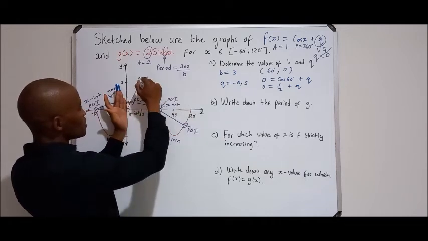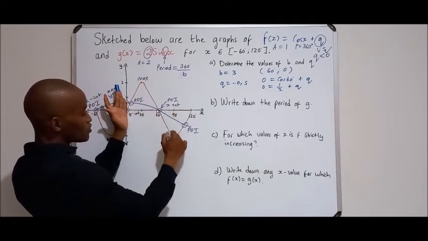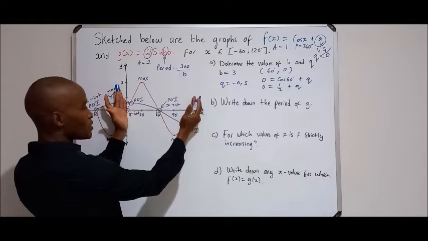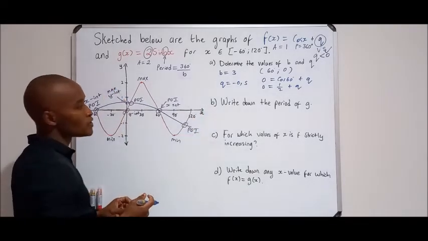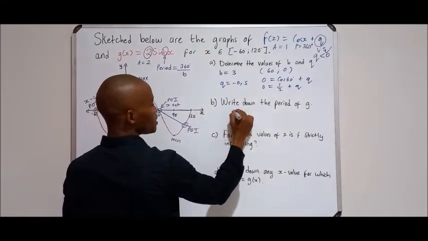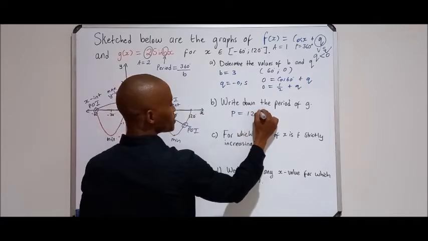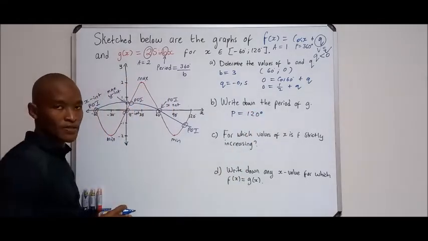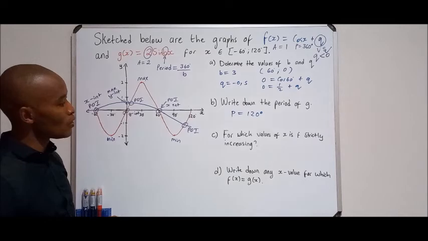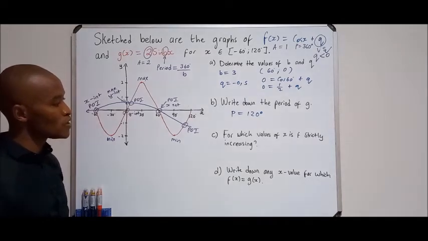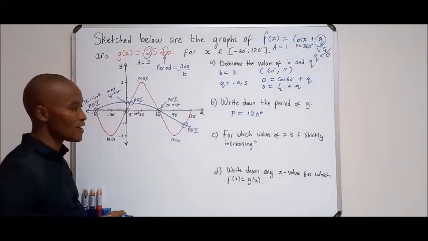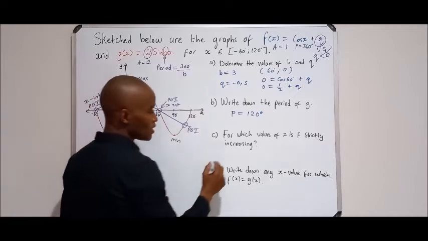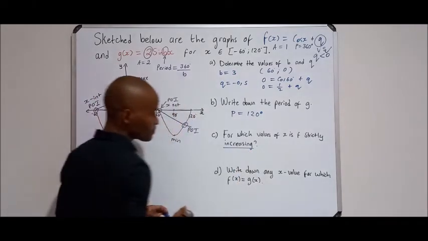From the equilibrium it goes to the maximum, comes back to the equilibrium, goes to the minimum, and comes back to the equilibrium. So it is a full cycle of G, and the period is indeed 120 degrees.